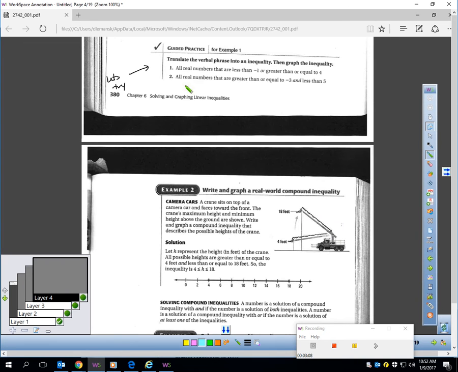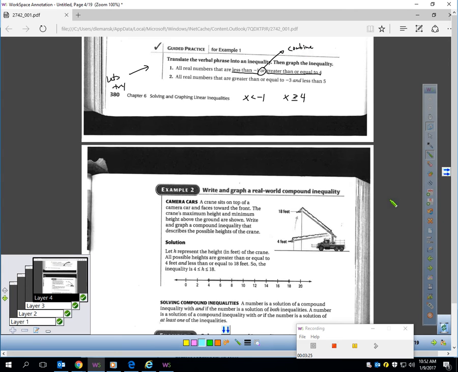Let's try a few. This first one, I want all the real numbers that are less than negative 1 or greater than or equal to 4. So x less than negative 1 would be this statement. x greater than or equal to 4 would be this statement, and you notice they want "or." Combine them together.